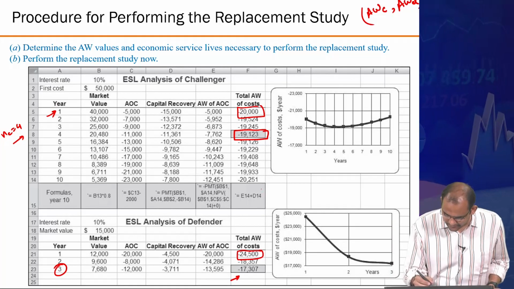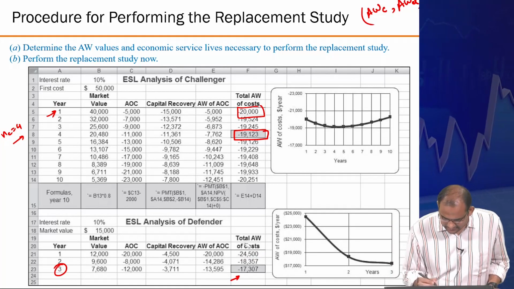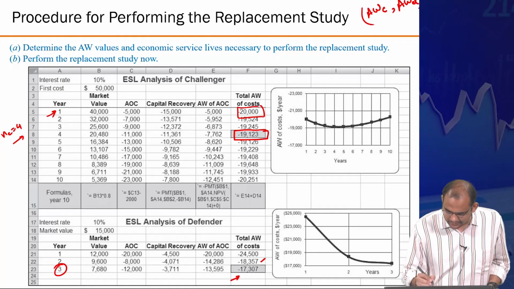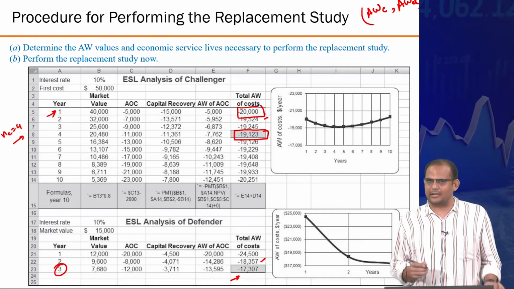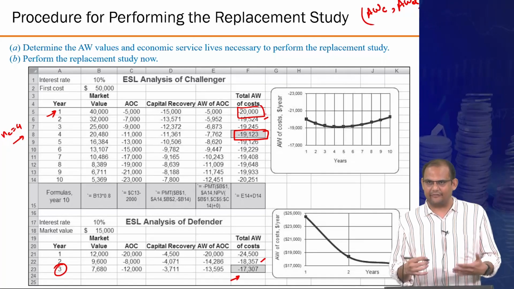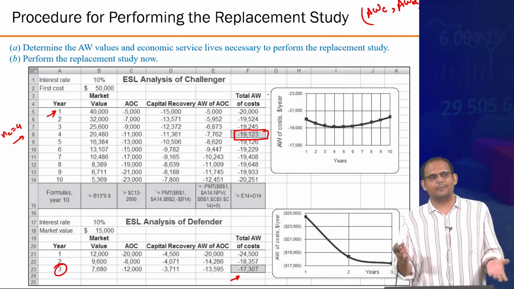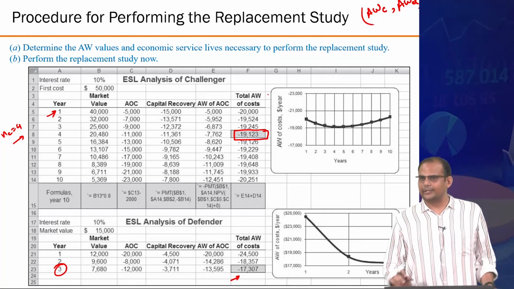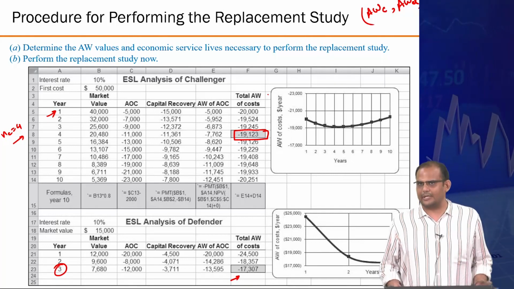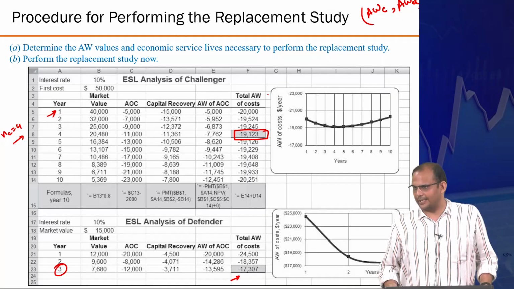So do not confuse yourself with these individual values. Of course, immediately in year 2, the situation changes slightly. The Defender starts getting favored, and ultimately you are making the decision on the economic service lives, and that's where the decision is clear that the Defender needs to be retained in this particular case.